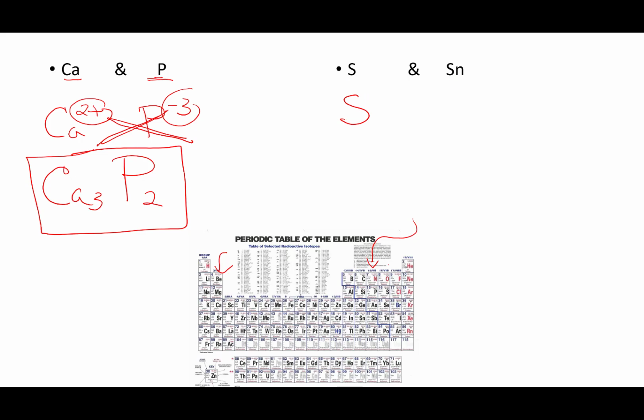The next one, sulfur and tin. Sulfur's most common ion is -2. Tin's most common ion is, it is in group 14. And remember, when I asked you to write the most common ion number at the top of the charts, I said for group 14, plus or minus 4. The reason being, it depends on if it's a metal or a non-metal.